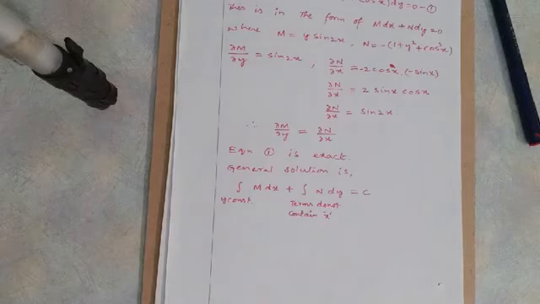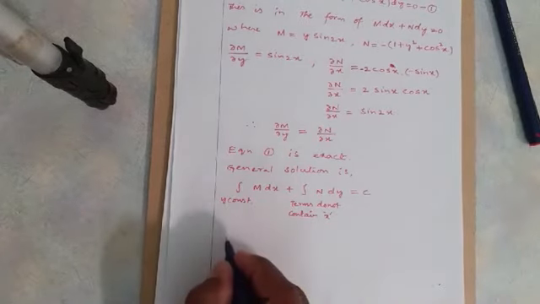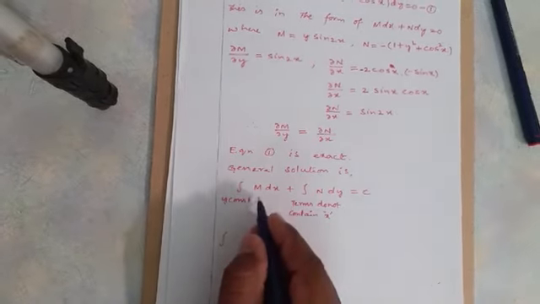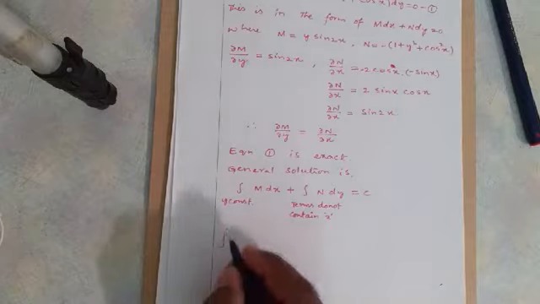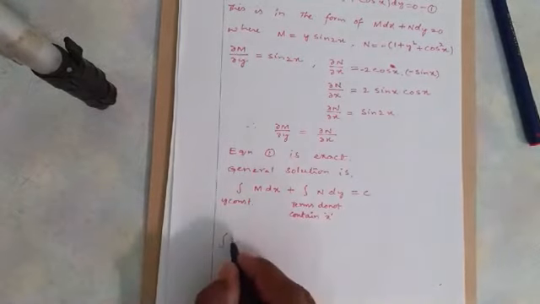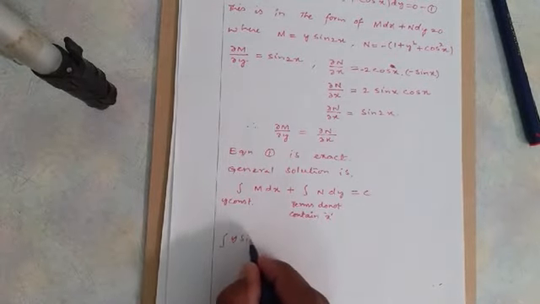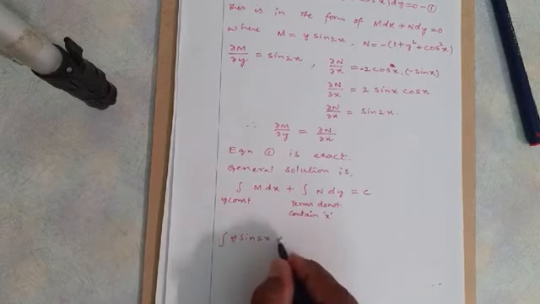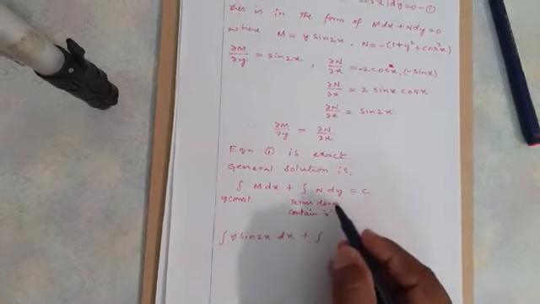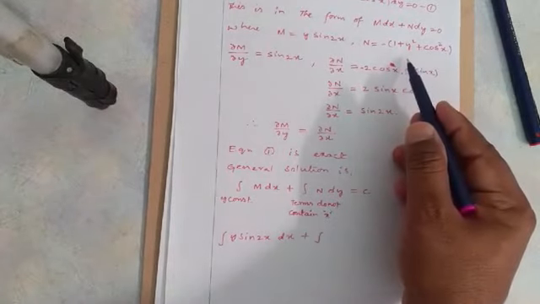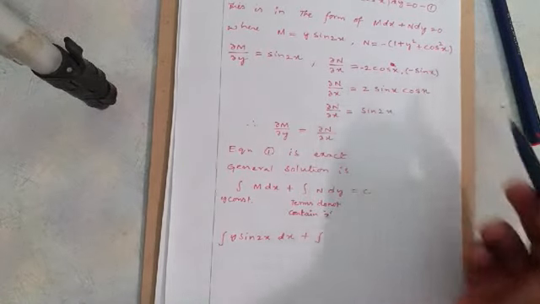So after writing that, now we write here integral. What is M here? M is nothing but y sin 2x, y sin 2x dx plus integral. Now we see in N we have to choose the terms which do not have x.